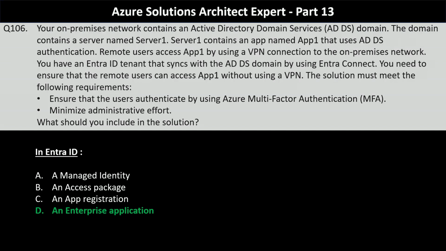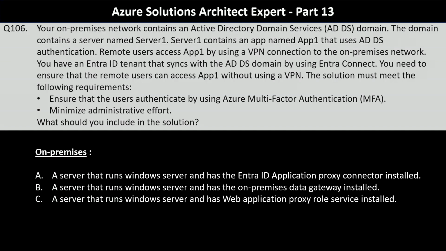Enterprise applications in Entra ID can enforce conditional access policies, including requiring MFA for authentication, and enterprise application integration leverages existing identity synchronization via Entra Connect and does not require significant additional configuration beyond initial setup, thereby minimizing administrative effort.